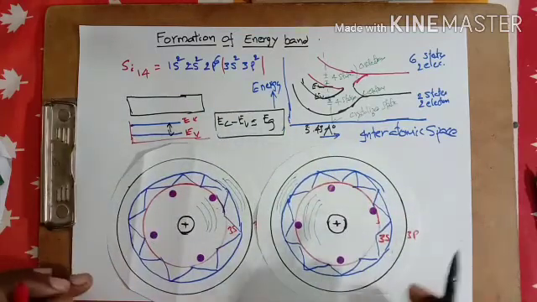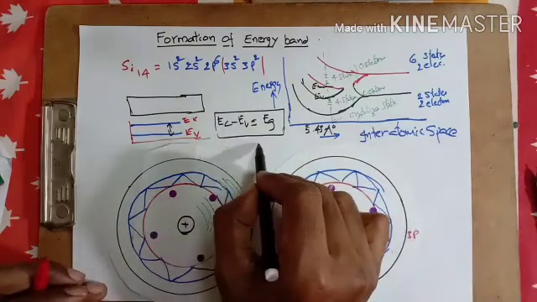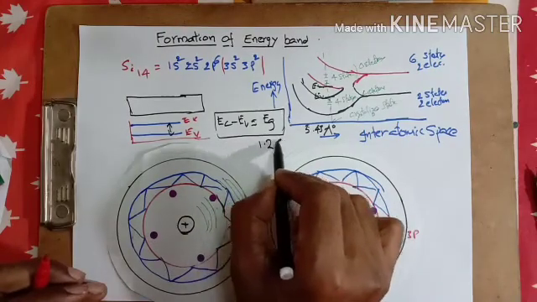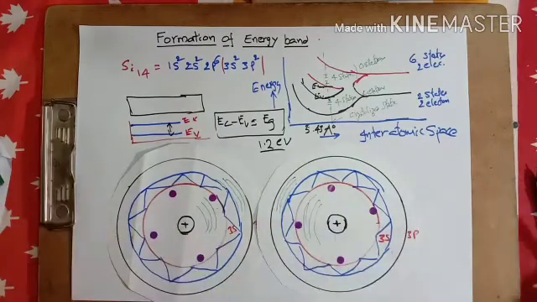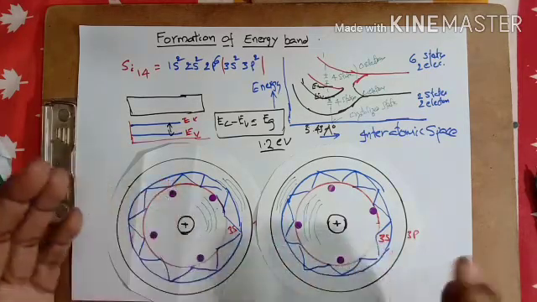For silicon, it is 1.2 electron volt. So now we'll see other materials. For metals, there is no forbidden gap. They'll merge.